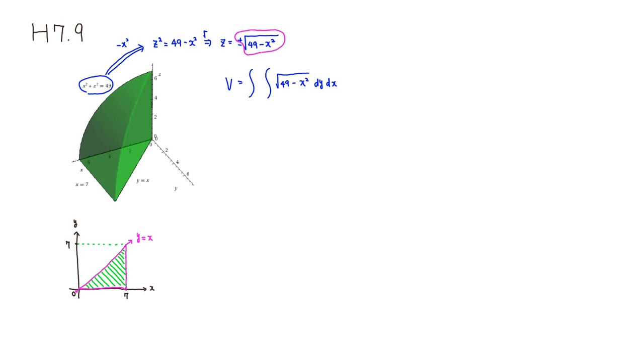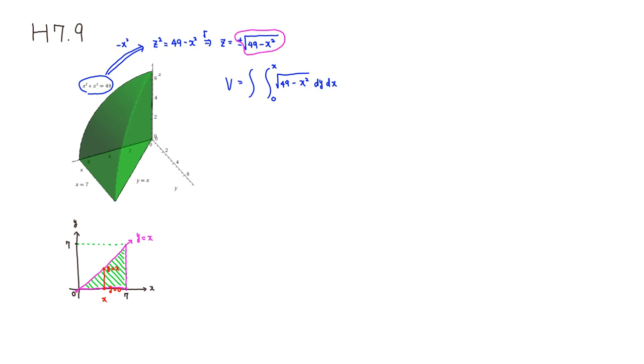For a fixed x value, you can see that y equals 0 is the starting point, and all the way up to y equals x. So the lower bound is 0 and the upper bound is x.